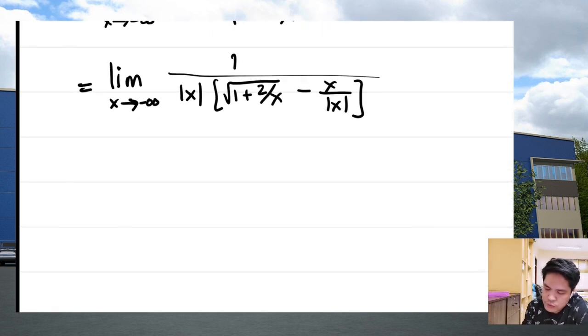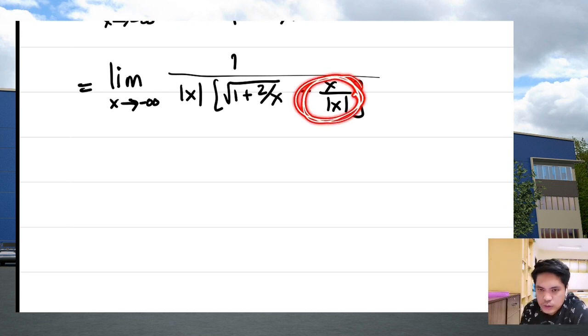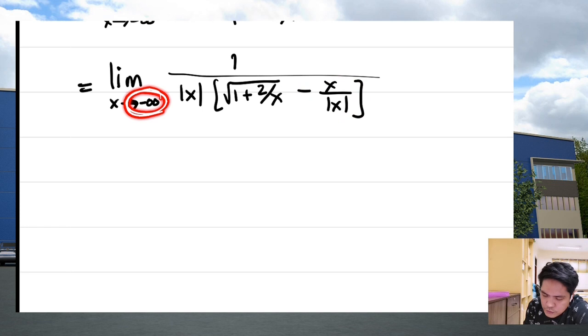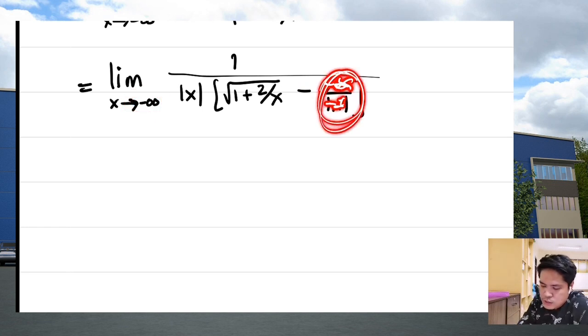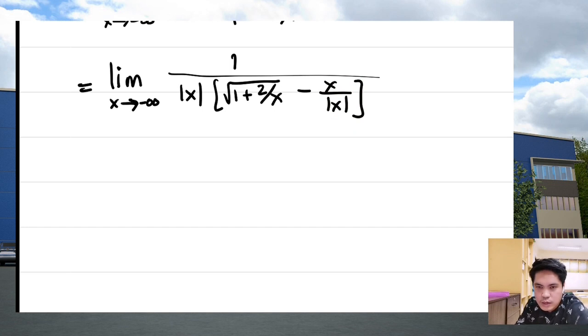And again, if you notice, this is now signum, no? And if it's negative infinity, so this is negative infinity over absolute value of negative infinity, so this becomes negative 1, right? So this value is negative 1 because we have negative infinity here.